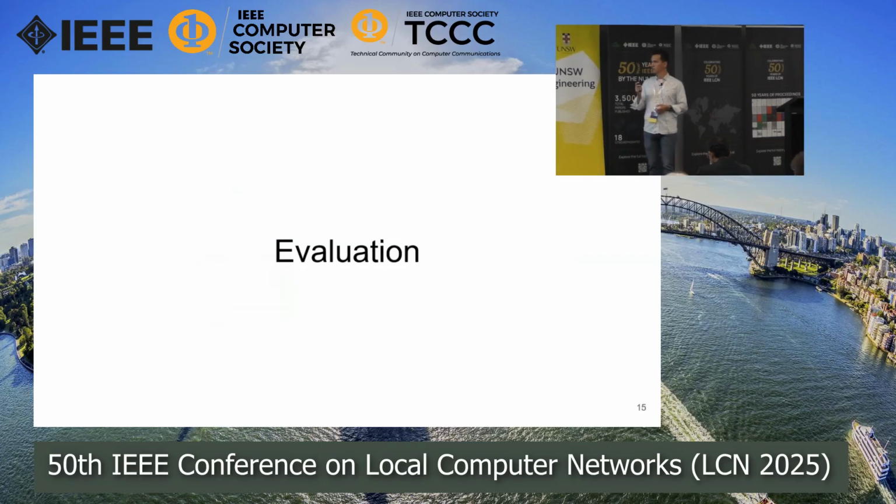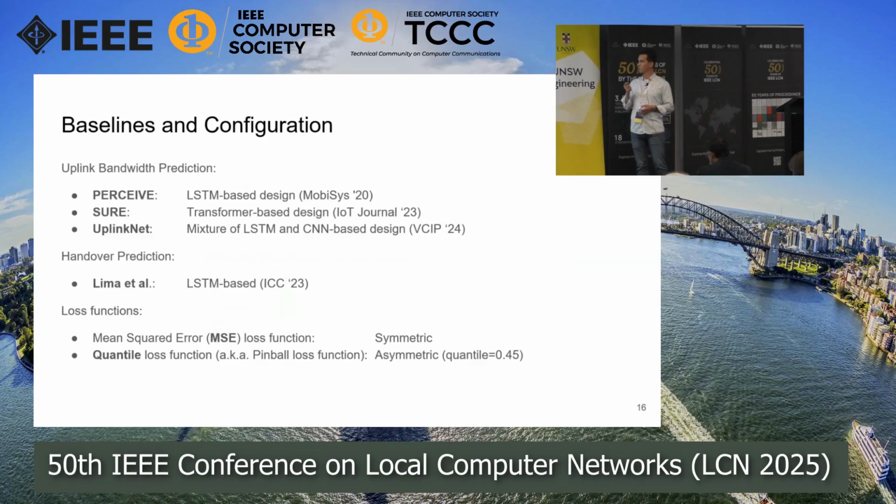Okay, now let's talk about the evaluation. First, I will go through the baselines and the configuration. As I mentioned at the beginning, we are using 3 different state-of-the-art models, which offer different model configurations.